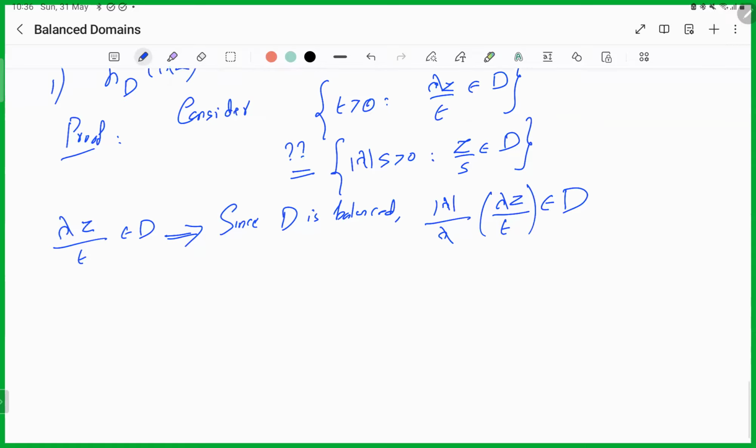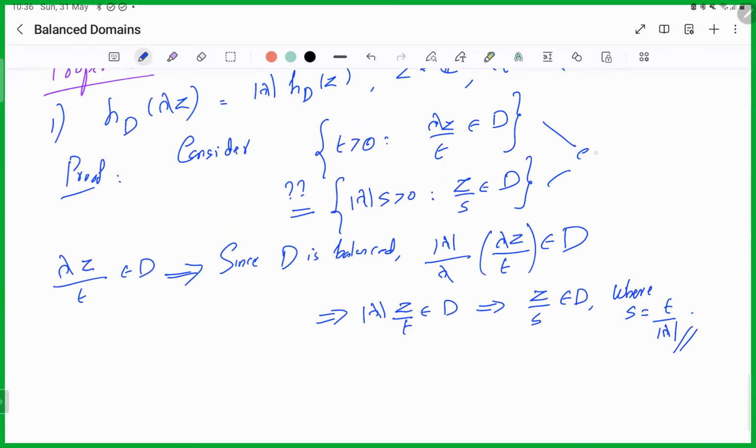That means modulus lambda z by t belongs to D. This we can write as z by s belongs to D, where s is equal to t by modulus lambda. That means these two sets are equal. Then taking the infimum, we get that H_D of lambda z is equal to modulus lambda times H_D of z.